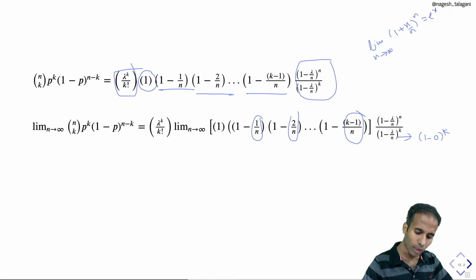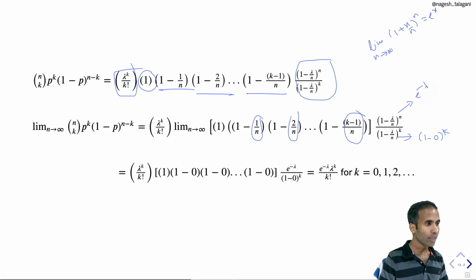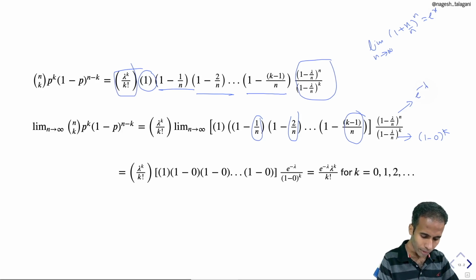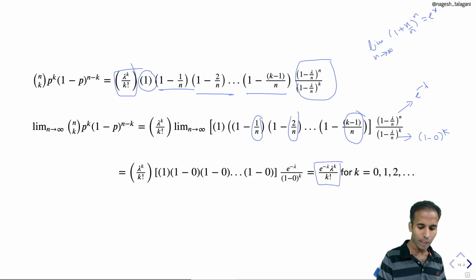So that means as n goes to infinity, this will approach e to the power minus lambda. So we can see this. Okay, so finally the limit of the right hand side is going to be e to the power minus lambda, lambda to the power of k by k factorial.